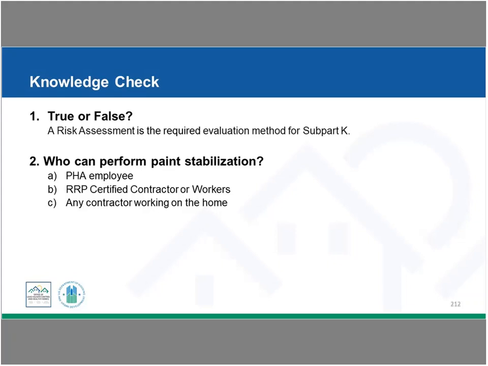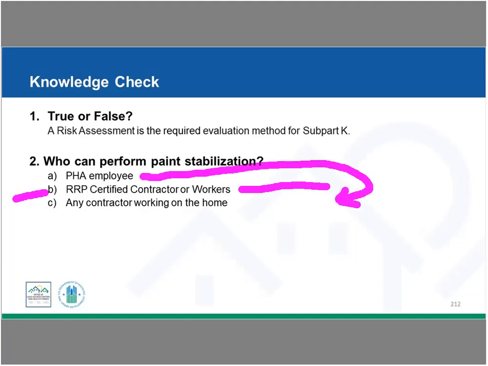All right, fantastic. Almost all of you got this one right. So the correct answer is B, someone who has to be trained as an RRP certified contractor or worker. If our PHA employee was actually trained as RRP, then they could do the paint stabilization.